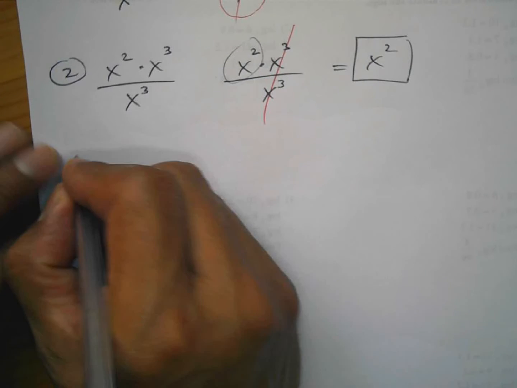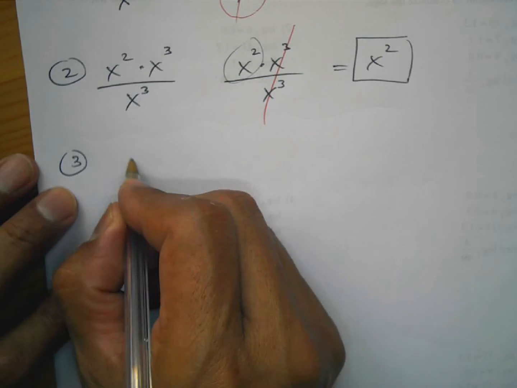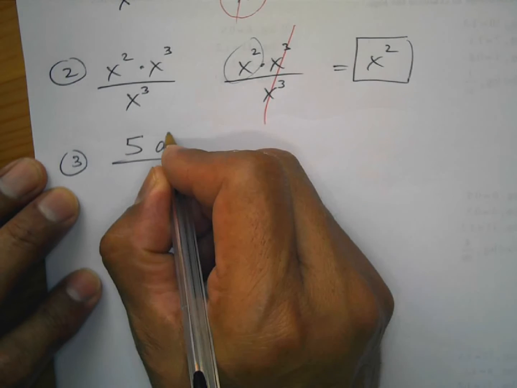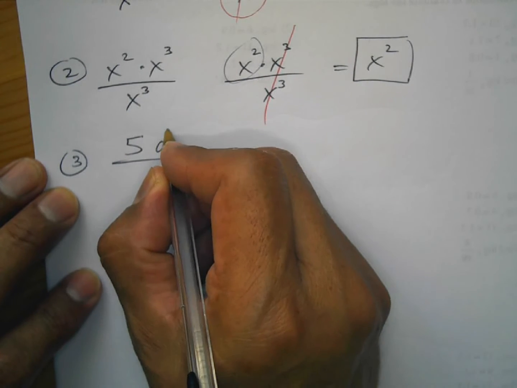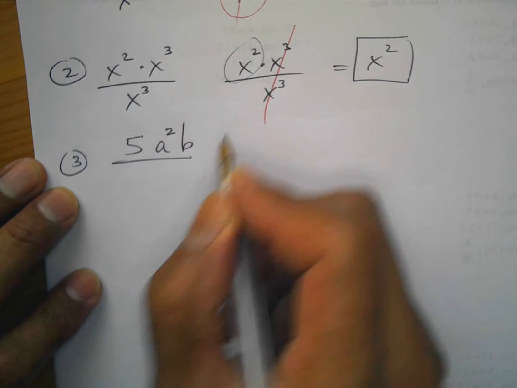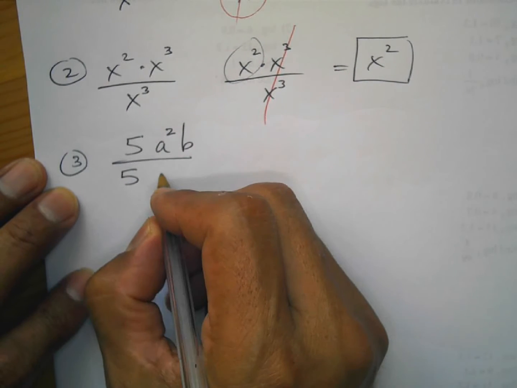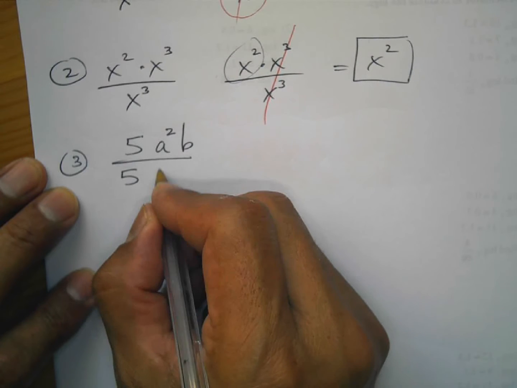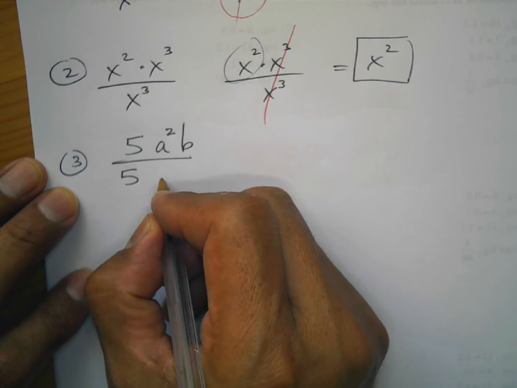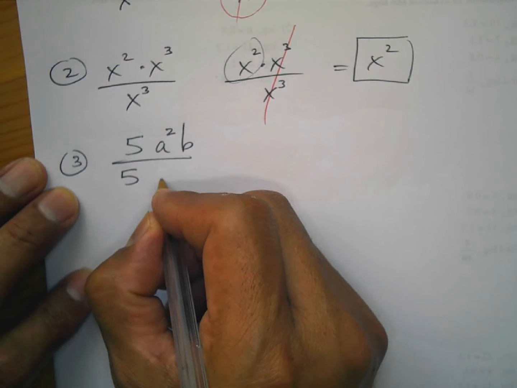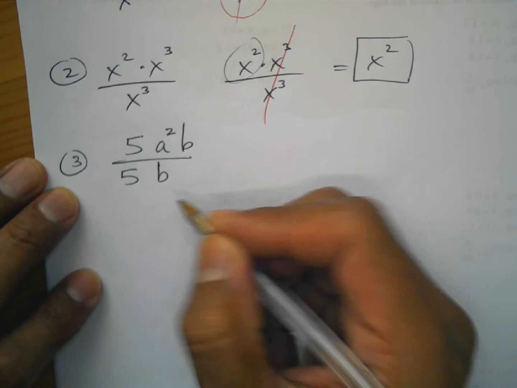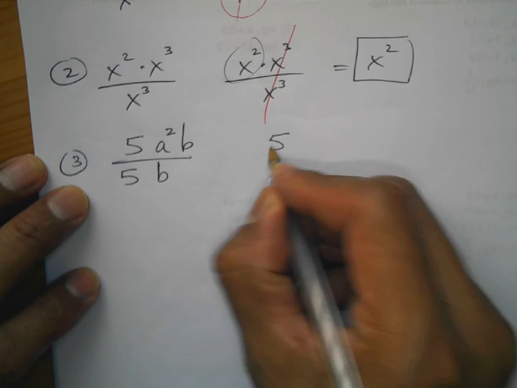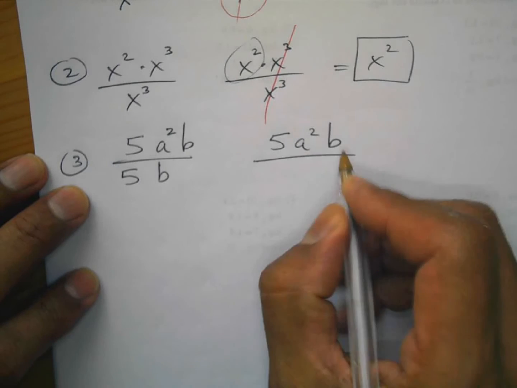All right. And it's the same thing for numbers, right? If I have 5a^2b over 5b, well, which ones are the same on the top and the bottom, and they can divide out?